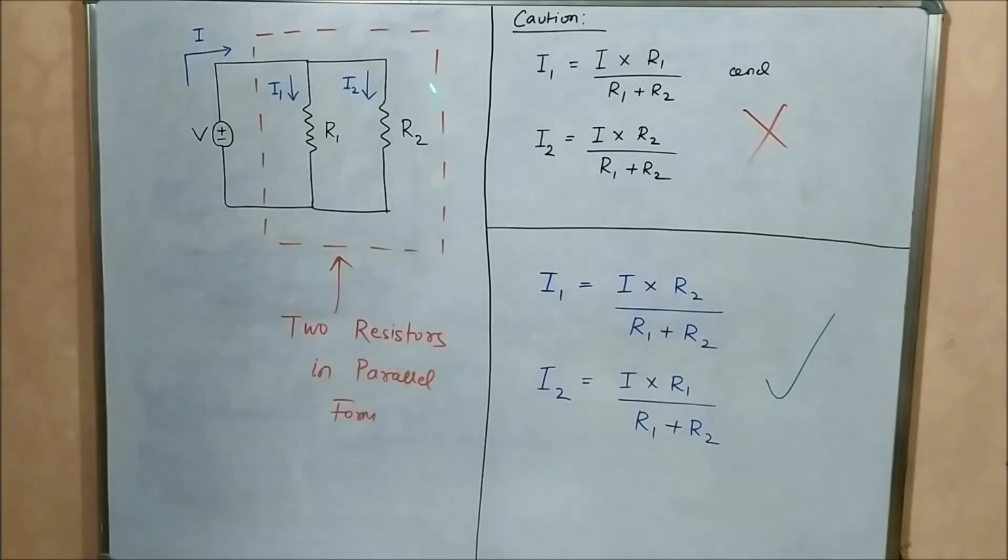So this will be the ideal circuit structure for application of the current division rule.